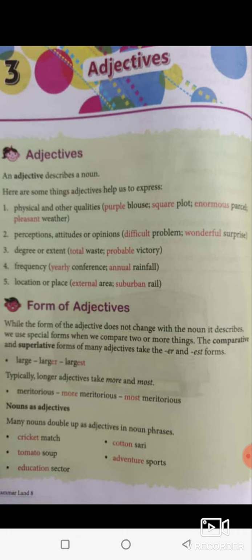When you talk about tomato separately, it would be a noun. Here it is an adjective. Education sector. Education alone would be a noun, but here it is considered an adjective. Adventure sports. Adventure alone would be a noun. So these words take the form of adjectives as well as nouns. It depends on how we use them.